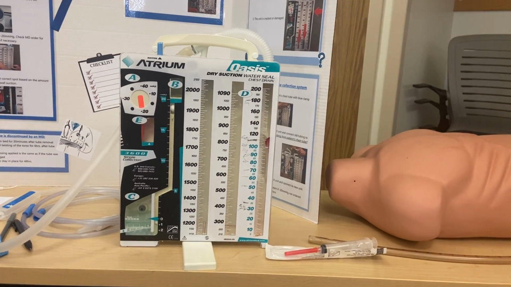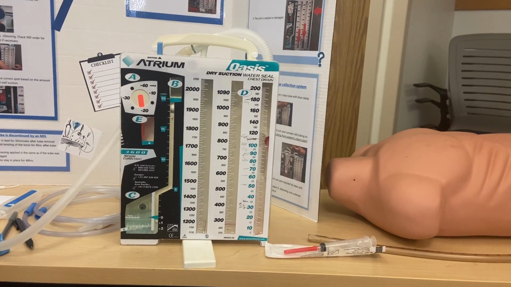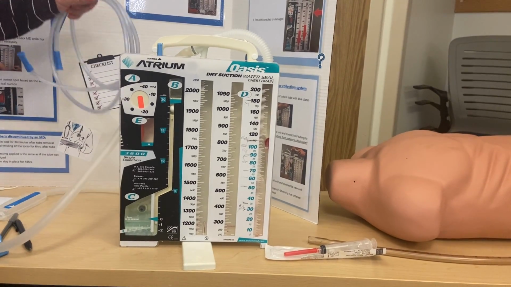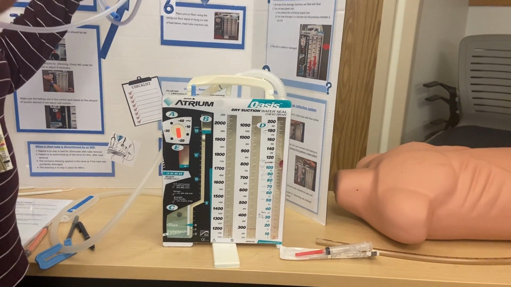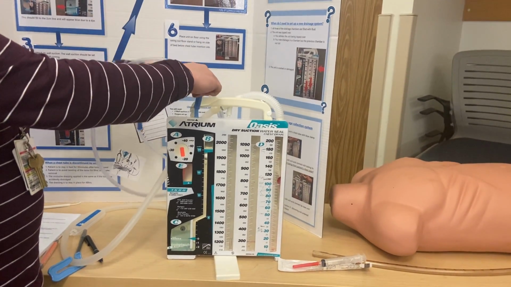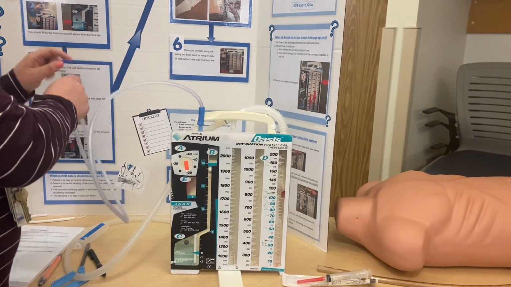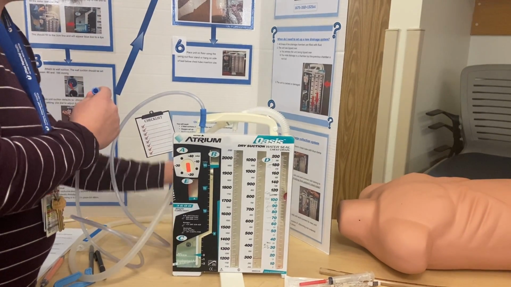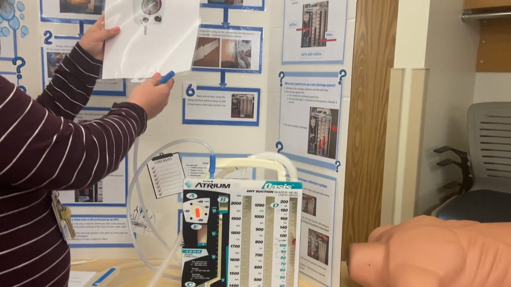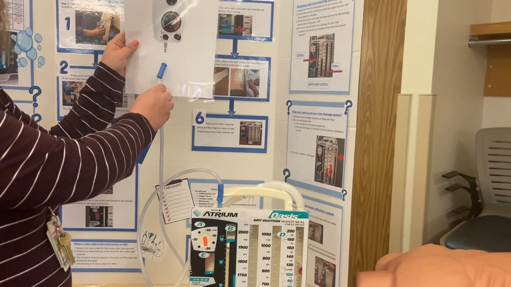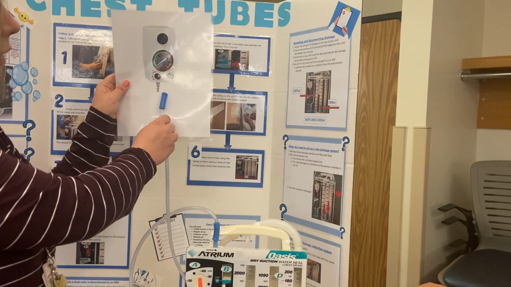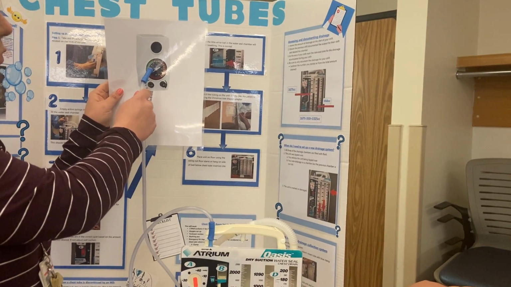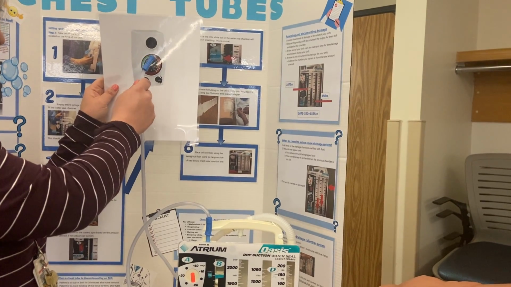If the order says chest tube to wall suction, what you're going to do is take your chest tube tubing, put it here, and connect it to the wall suction. You don't want to connect it to the canister. You want to connect it directly to the metal part on the wall suction. And you're going to put the dial up to between 80 and 100.